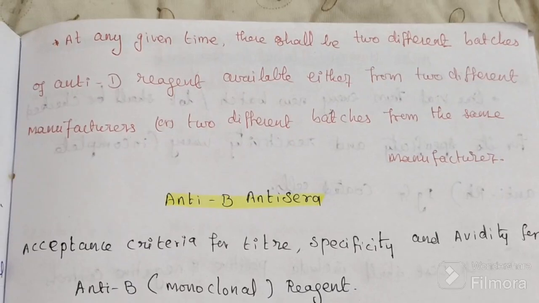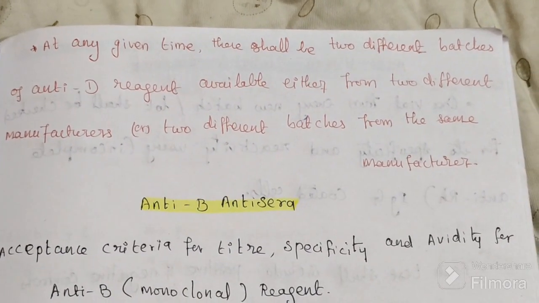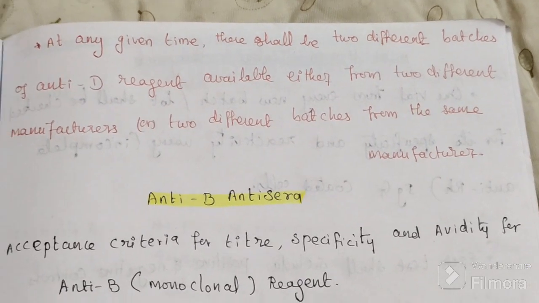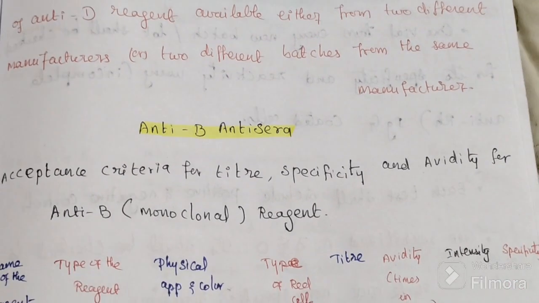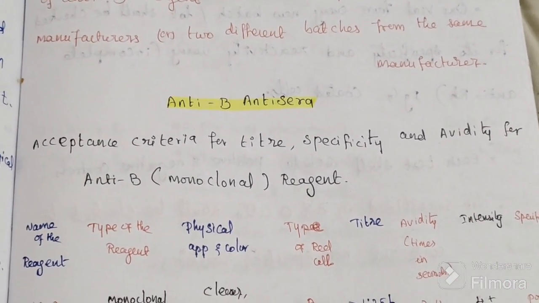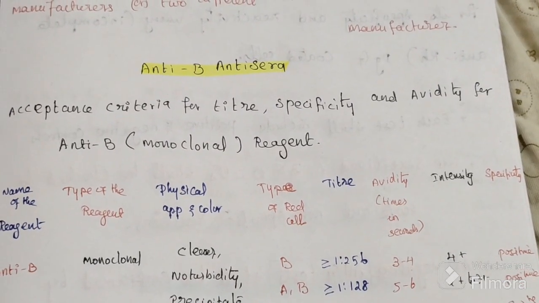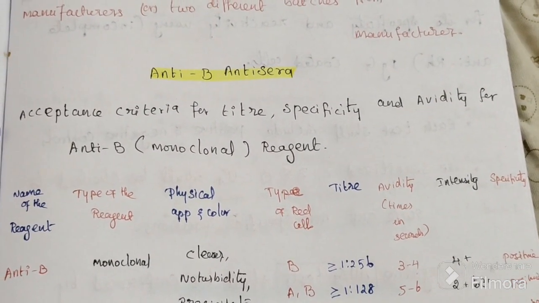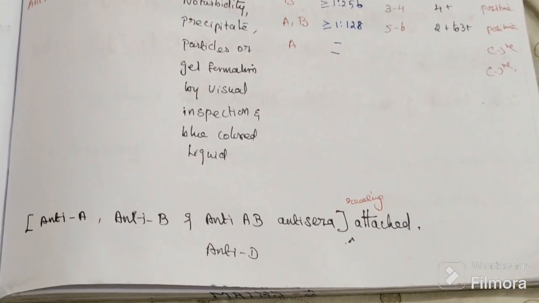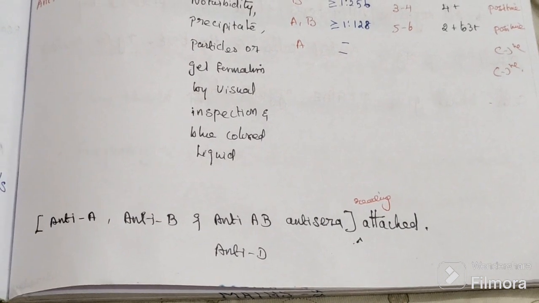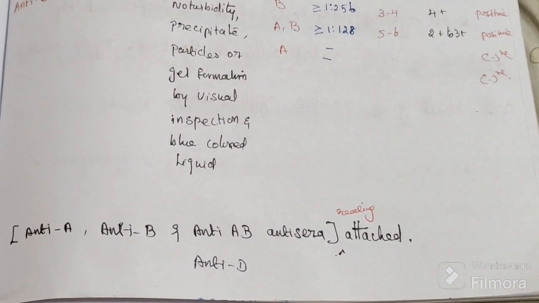At any given time, different batches of anti-D reagent may be available from two different manufacturers. Anti-A, anti-B: acceptance criteria for titer, specificity and avidity for anti-B monoclonal reagent. These are the reagents: anti-A, anti-B, anti-AB antisera, all the notes attached.